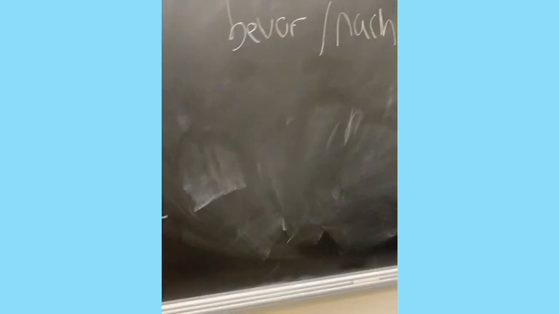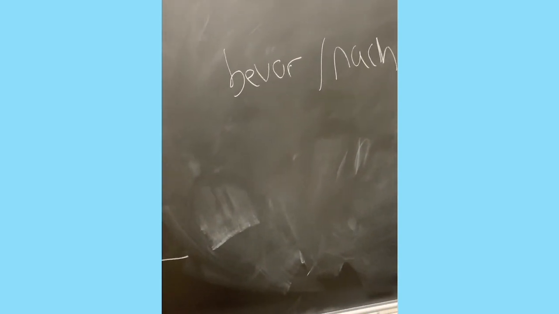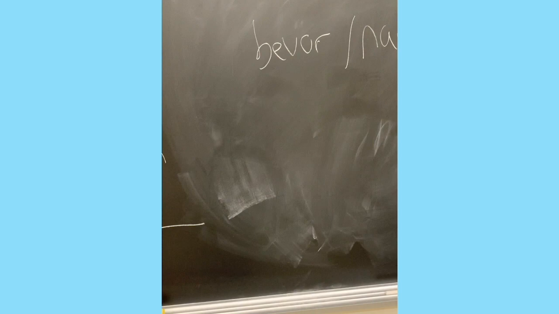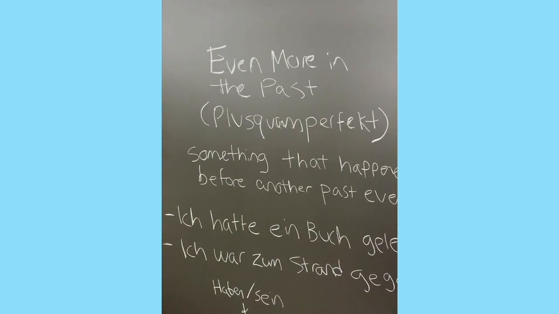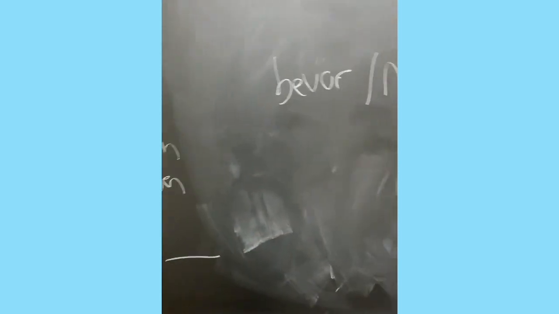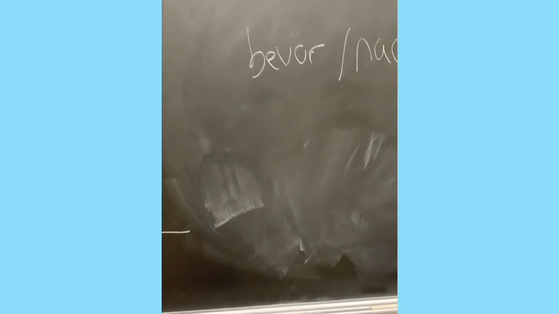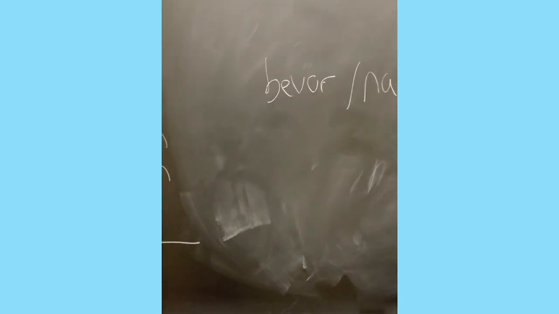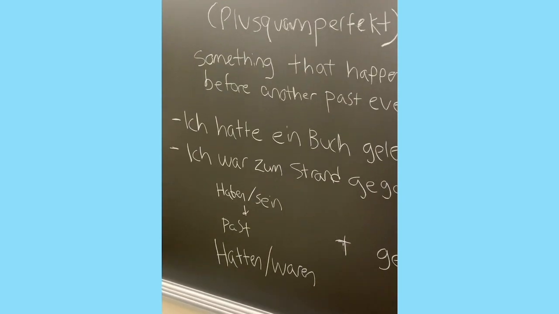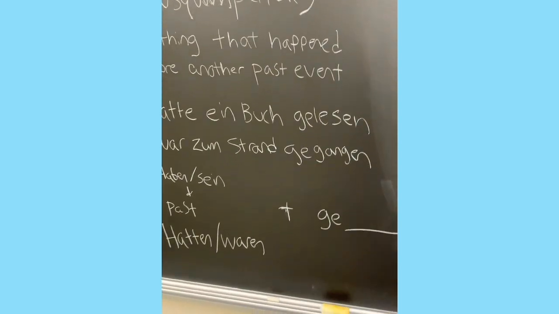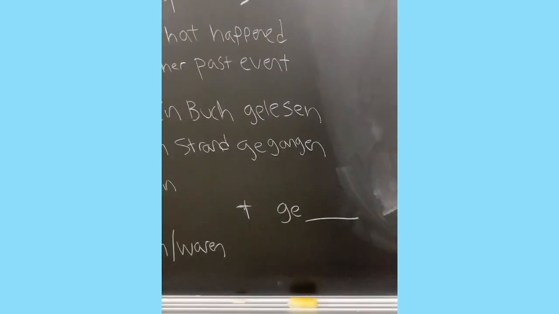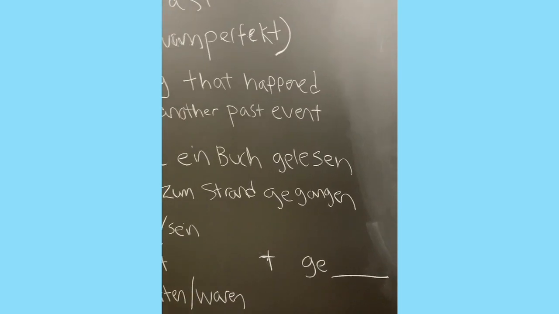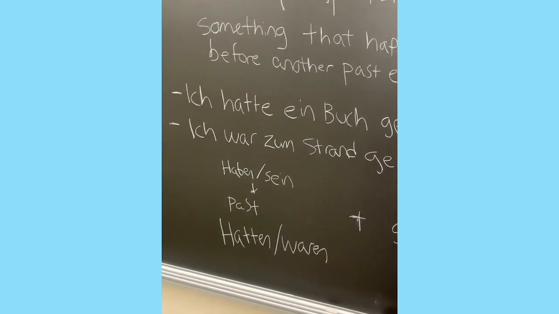The before part would use our regular past tense, and the eating cereal part would be in Plusquamperfekt. So, bevor ich ein Buch gelesen habe, hatte ich Cereal gegessen. So notice that haben or habe turned into hatte.